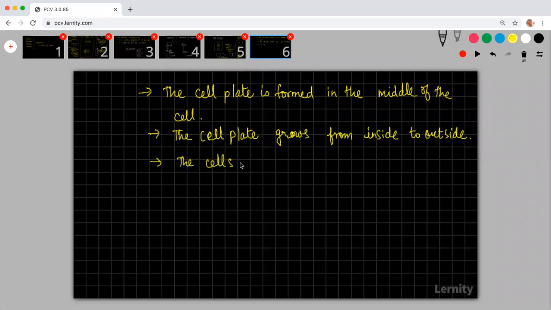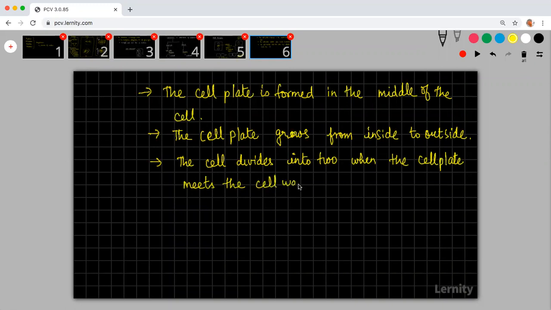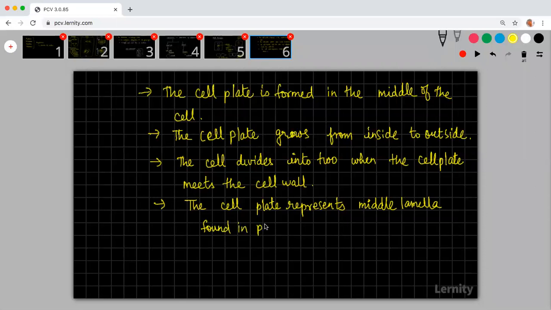The cell divides into two when the cell plate meets the cell wall. The cell plate represents the middle lamella found in plant cells.